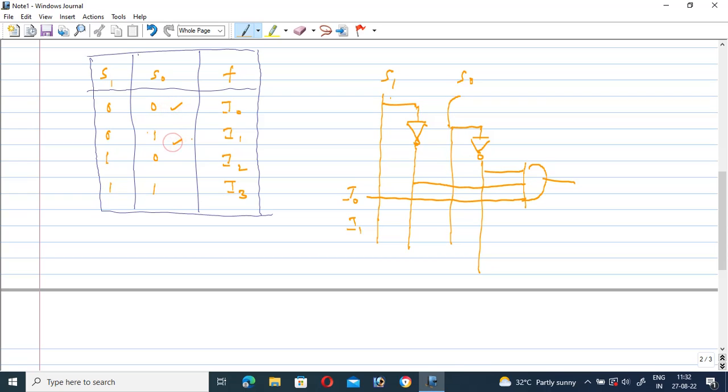Next, S0 is equal to 1, that means this line.